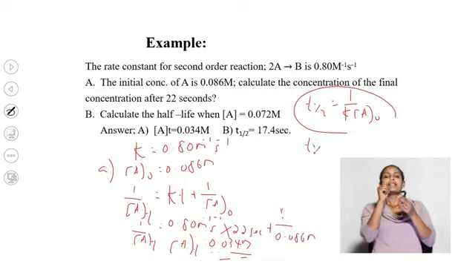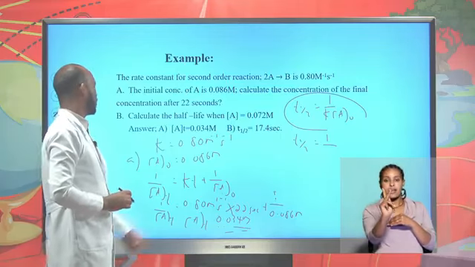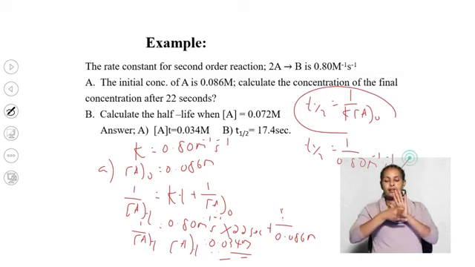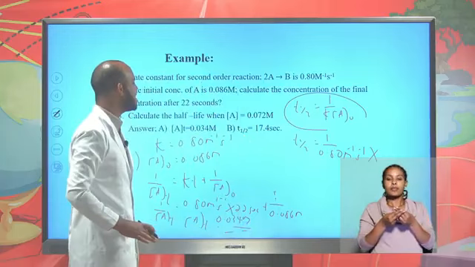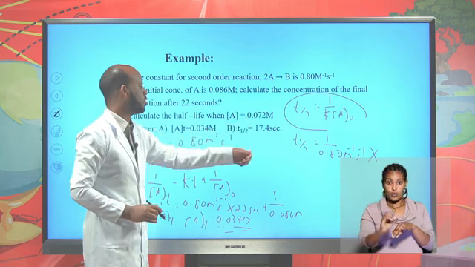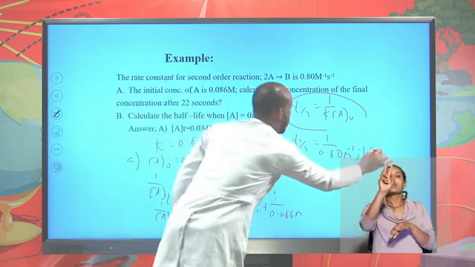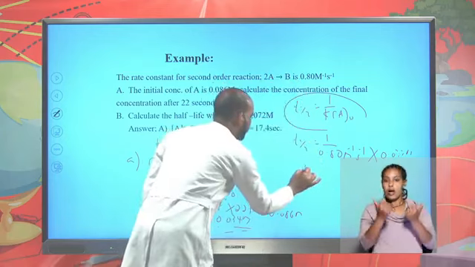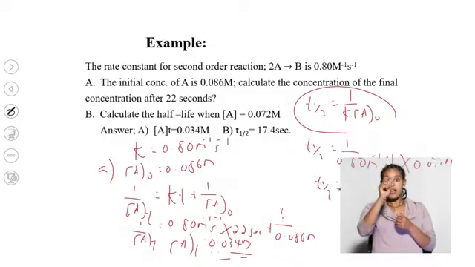T half equals 1 over the rate constant K, 0.80 per molar per second, times the initial concentration, 0.072 molar. Now T half, the half-life time for this reaction, is 17.4 seconds.